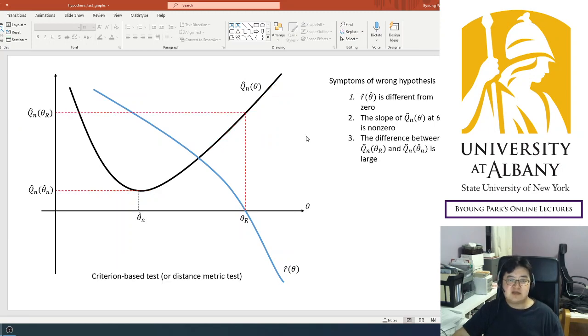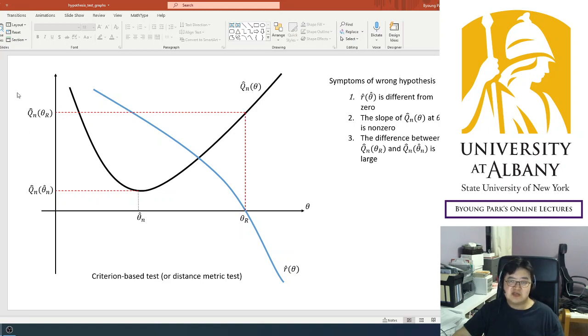And the third case is the criterion-based test. Here is the unrestricted estimator. Here is the restricted estimator. Then it's clear that the minimum is obviously achieved at the unrestricted estimator. Subject to the restriction, the minimum is only at this point, which is much higher than this one.